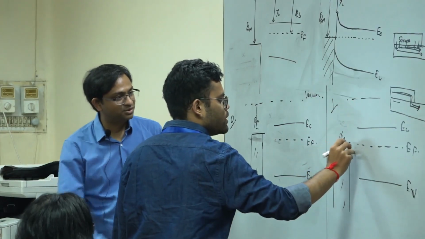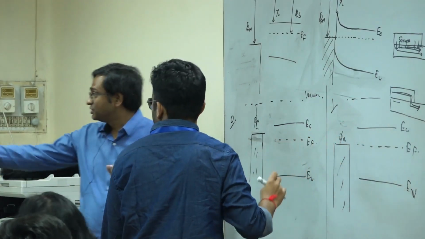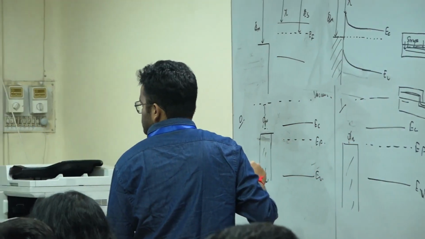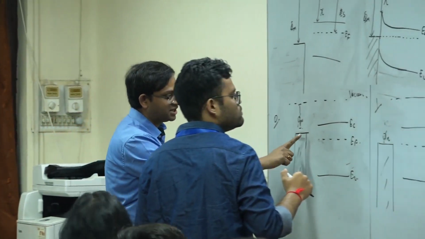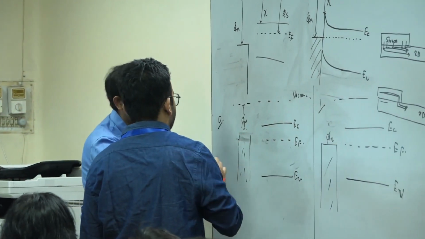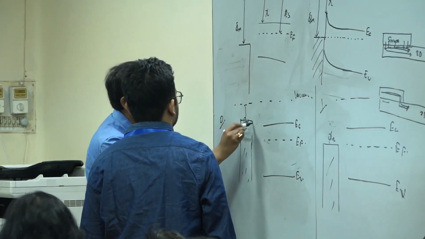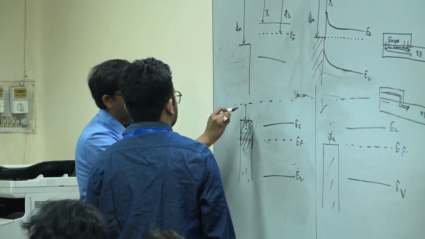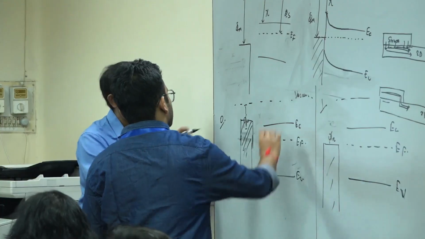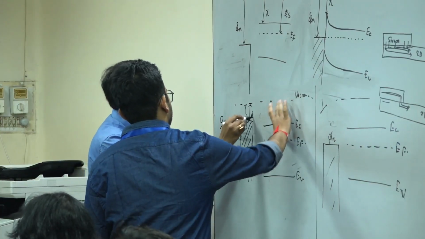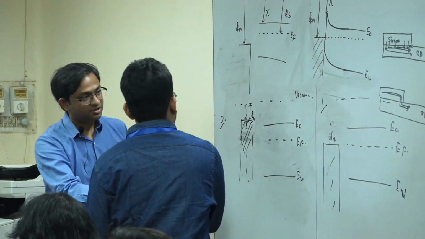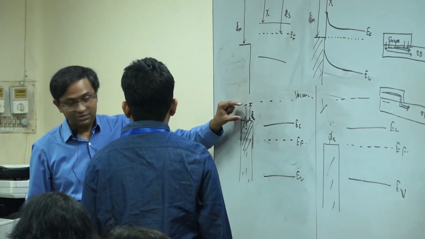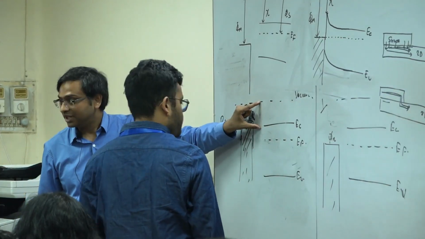I think your drawing is not exactly correct because you see my phi m is even lesser than chi. So that has to be the case. In this drawing, this is not yet. So I will just push it a little bit higher, because that's how it is drawn over there. This is phi m, and this is my chi, right?